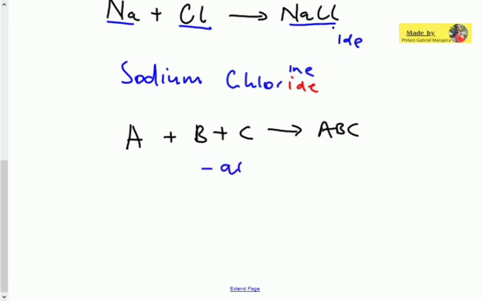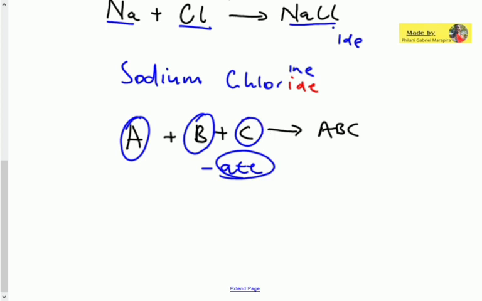You name them with an ate at the end: sulfate, phosphate, all of those. That ate simply means that we have 3 reactants in total. You can see that you have A here, B here, and C. That's why you end with ate.